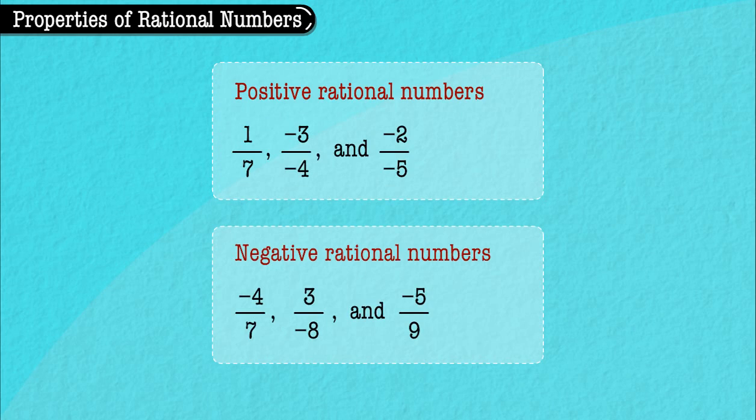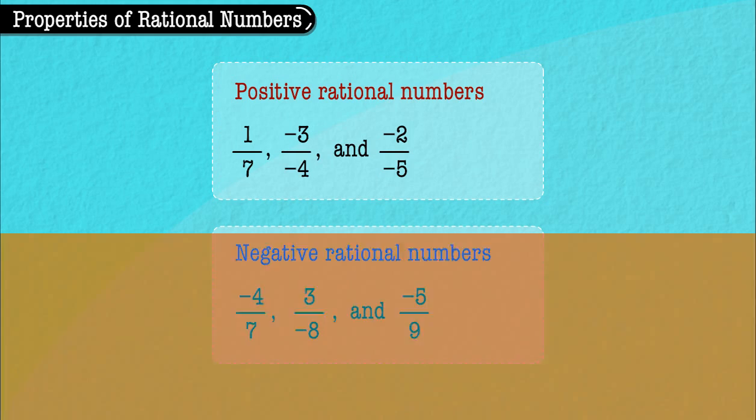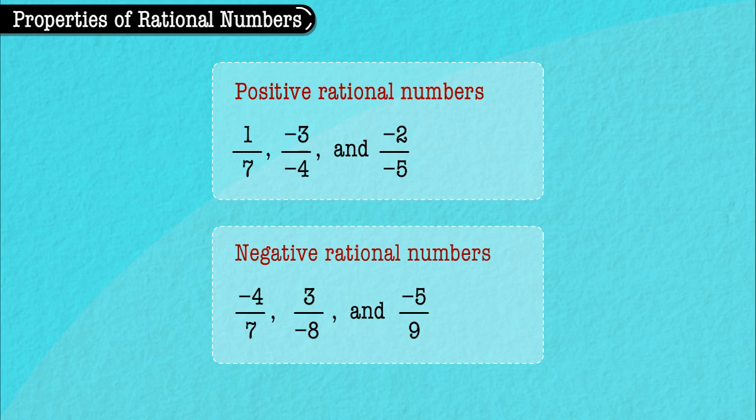Numbers like -4 by 7, 3 by -8, and -5 by 9 are called negative rational numbers, since both the numerator and denominator have different sign.